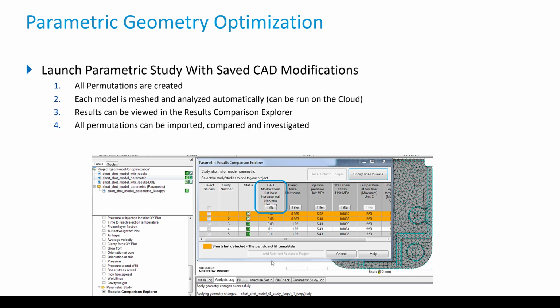It's a straight multiplication for the matrix creation. Results can be viewed in the result comparison explorer, and all permutations can be imported, compared and investigated. If you need to pull in one study that is of interest, it can be pulled and studied further.